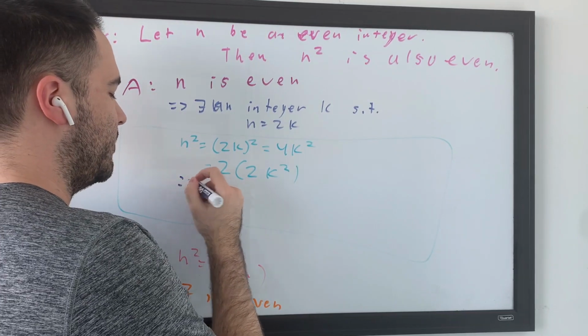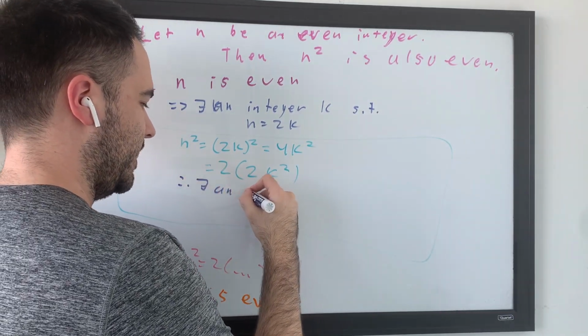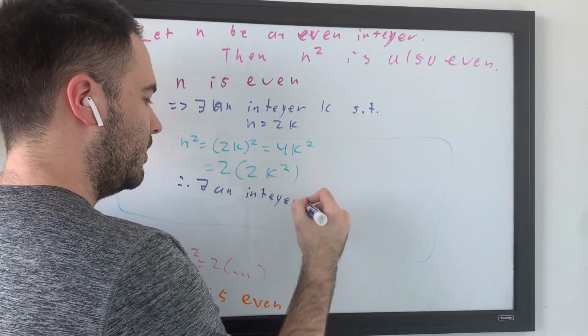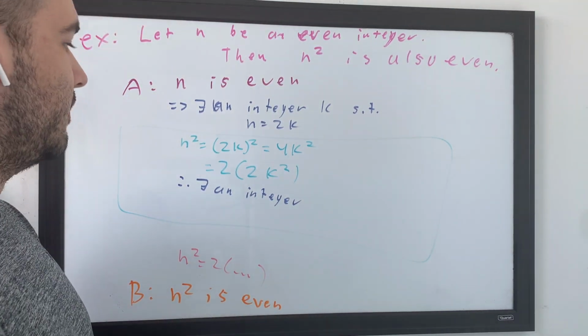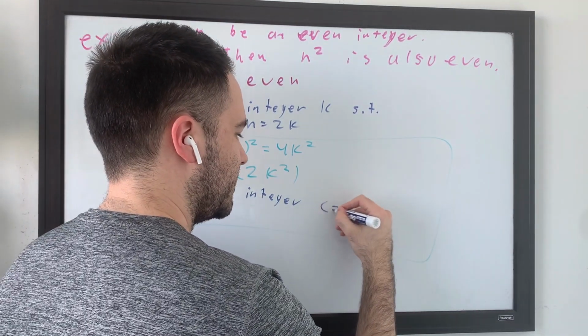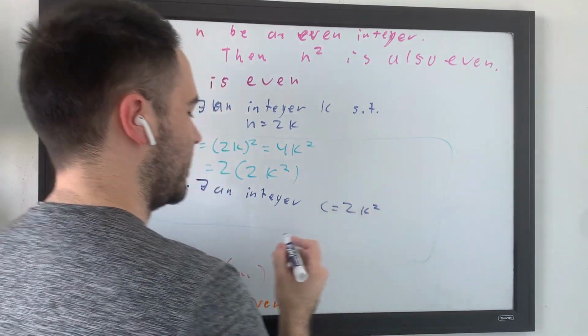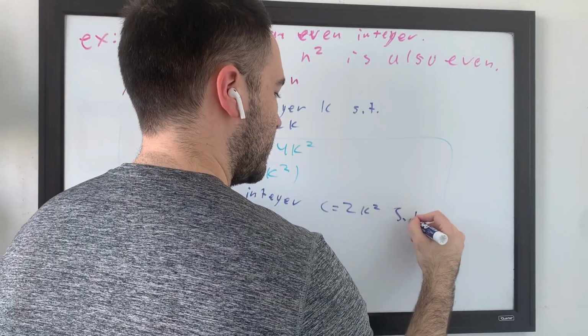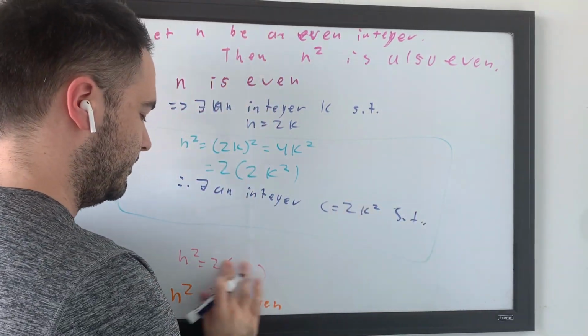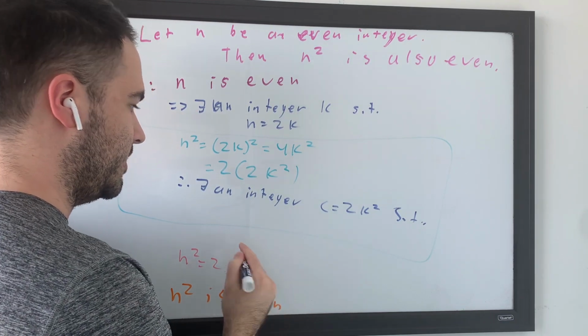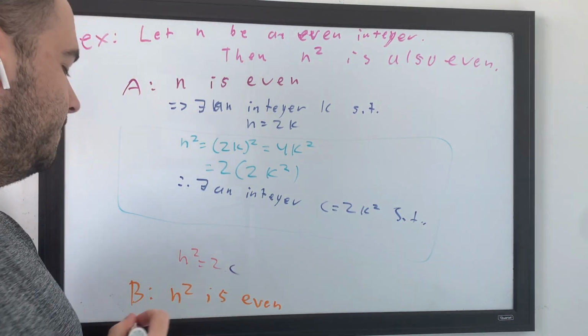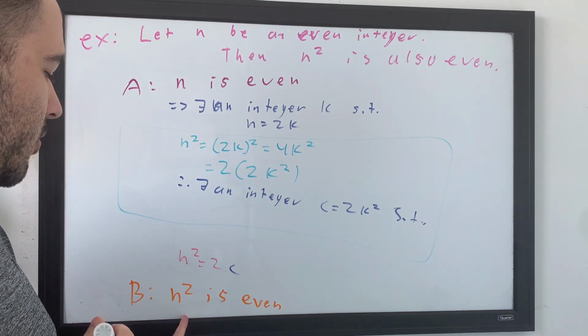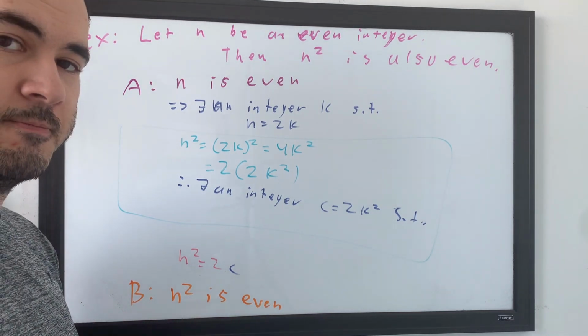So we say, therefore, there exists an integer, and we need to give this another letter because we've already used k, so maybe we'll say c is equal to 2k squared, such that n squared is equal to 2 times c. And therefore, n squared is even.